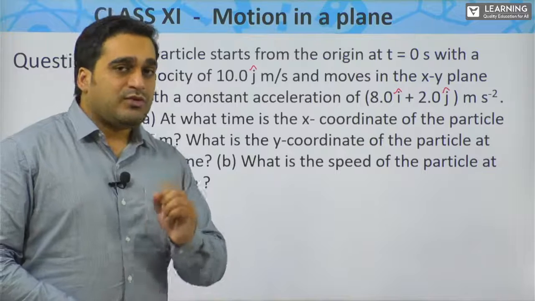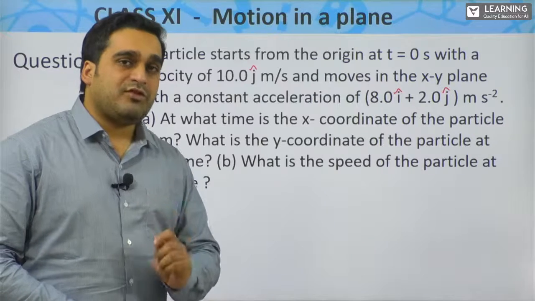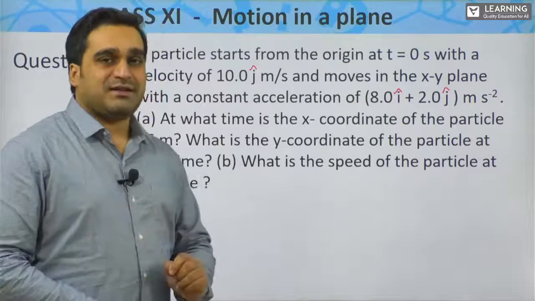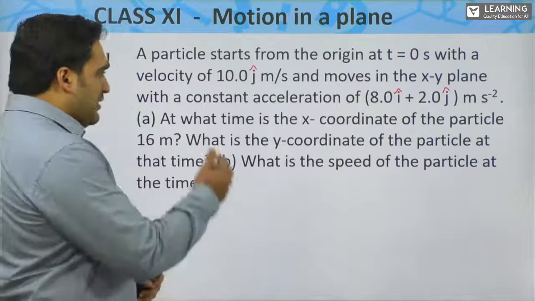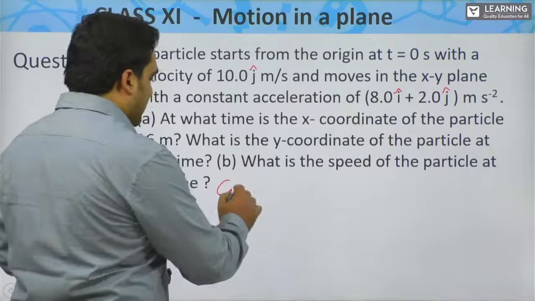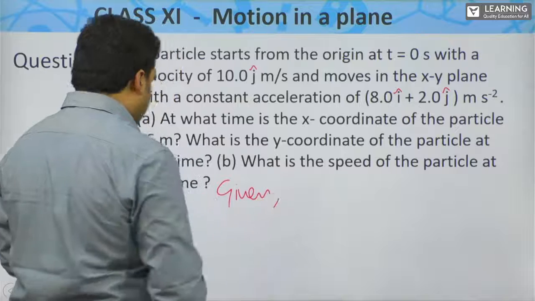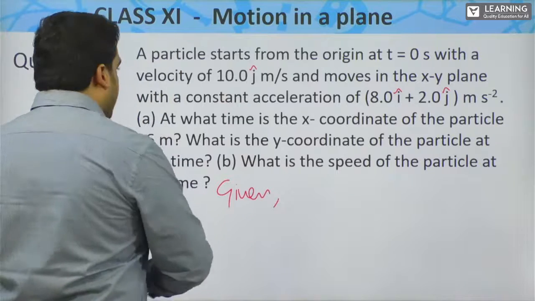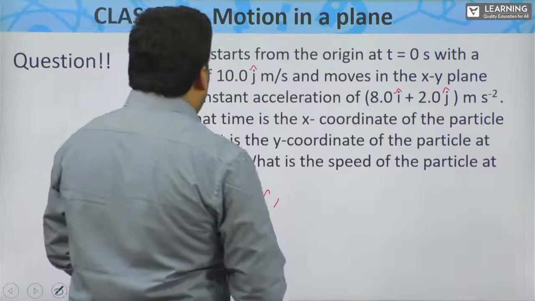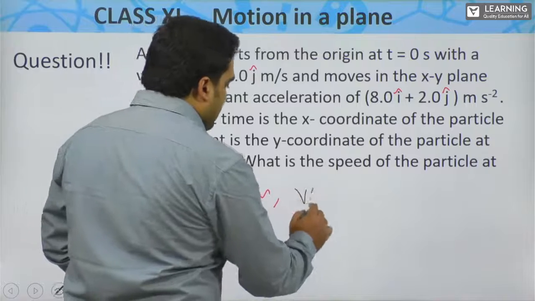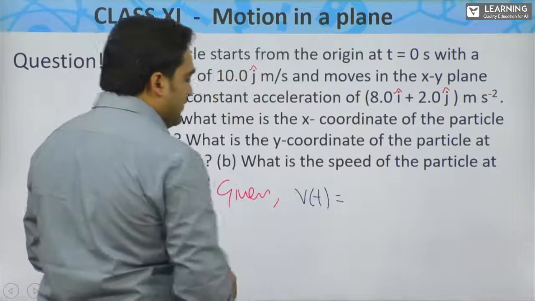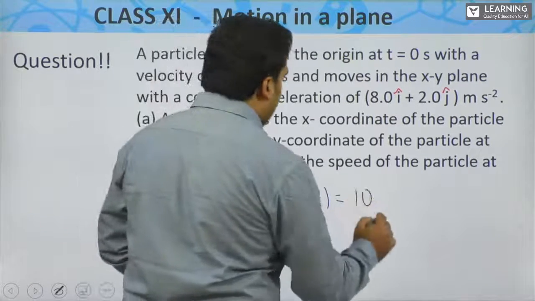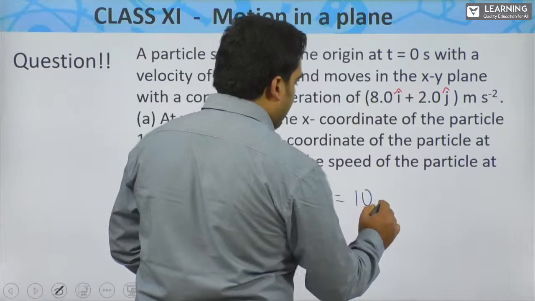But before we do that, we have to make note of the parameters that are given to us. What are the things that are given? Let's make note. Given: velocity of the particle is given at any given instant of time, which is 10 j cap.